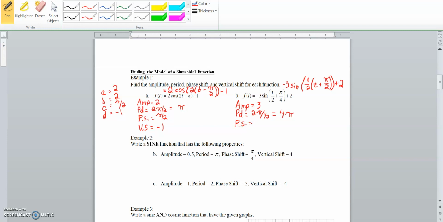Now our phase shift, let me just write these out quick. Phase shift is c. In this case, c is just negative pi over 2, and we just leave it negative pi over 2. We don't say to the left. Vertical shift is up 2, or we're just going to leave it as 2.